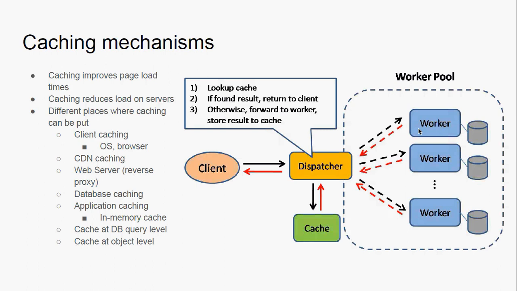If not, it forwards to the worker nodes, which could be any of these, depending on where the caching is. So they improve the page load times, which is basically less latency. It reduces the load on servers. Those are the main key benefits. And with that, let's get into different caching strategies, how you can implement this caching.